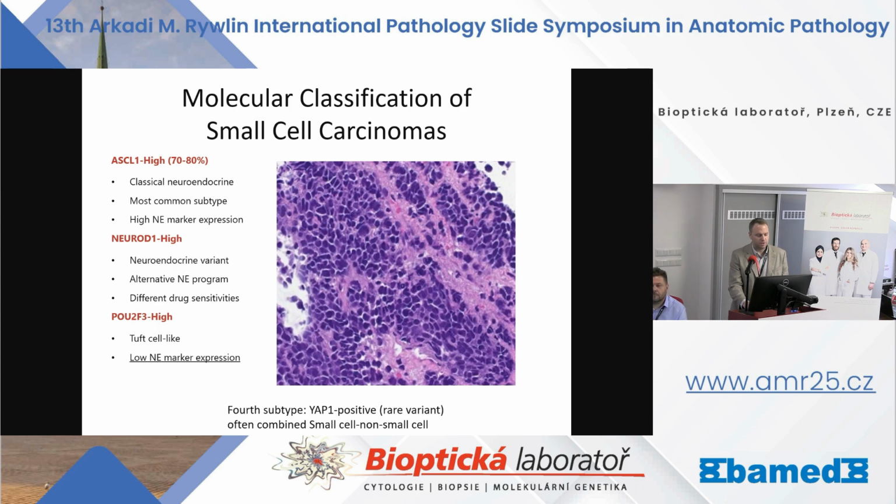It's the most common by far. The second is NeuroD1, the next most common, and there is some hybrid, with both ASCL1 and NeuroD1. Then there are ones that are negative for NeuroD1 and ASCL1 and are high for PAL 2F3. Those are the tuft cell type.